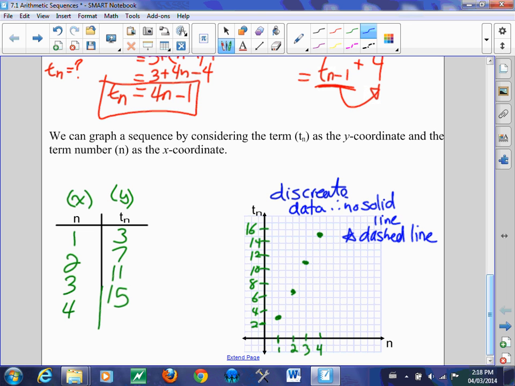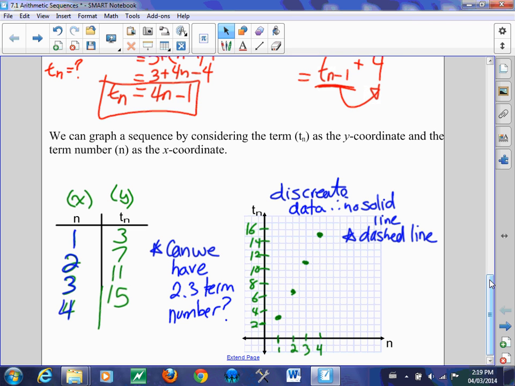When you're doing a sequence, we've got term 1, 2, 3, 4. Can we have a 2.3 term number? No, it's either 2 or 3. That's why we call it discrete, because you can only have a second term or a third term number.